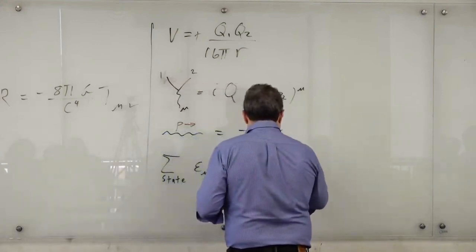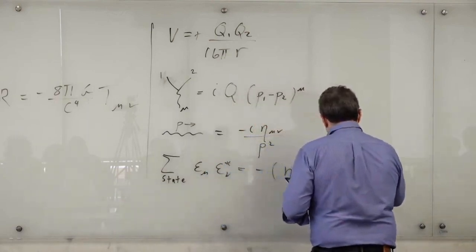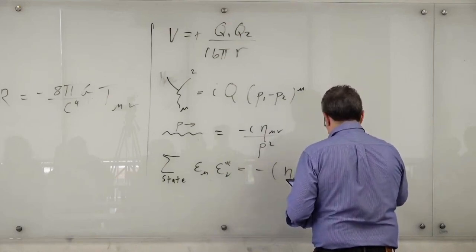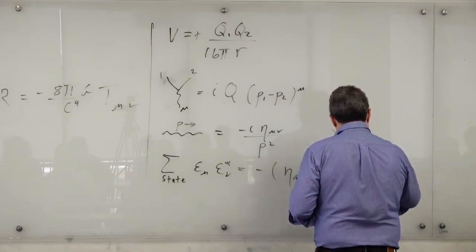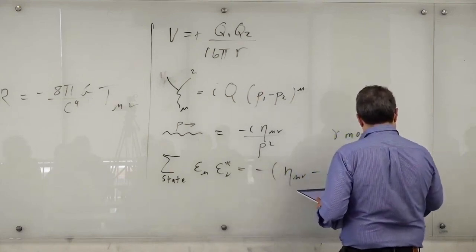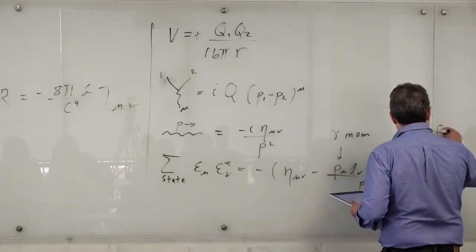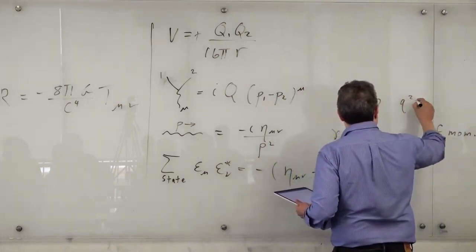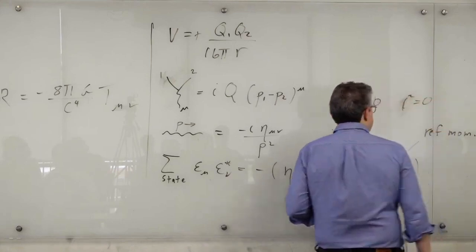So this is minus eta mu nu minus p mu, this is the photon momentum, l nu plus p nu l mu, over p dot l. And this l is known as a reference momentum. They both satisfy p squared equals 0 and l squared equals 0.